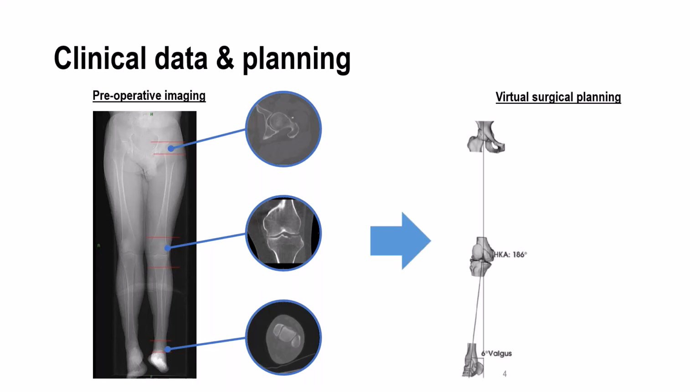These high resolution scans can be used for 3D reconstruction, here in the example of a patient with a 6 degrees valgus deformity, and that's the pre-op situation. And this can be used during virtual surgical planning to plan the implant.